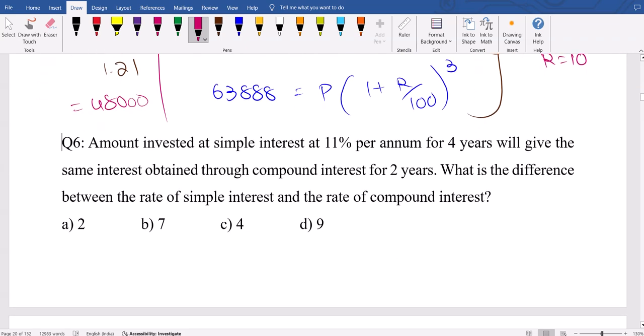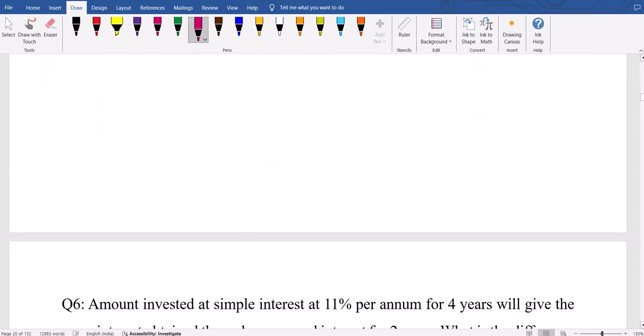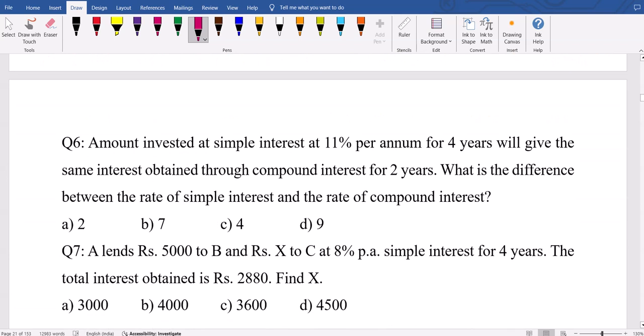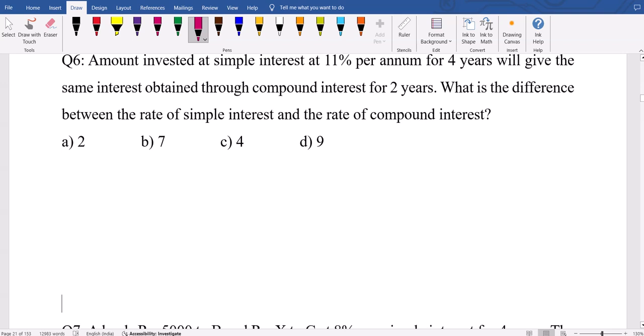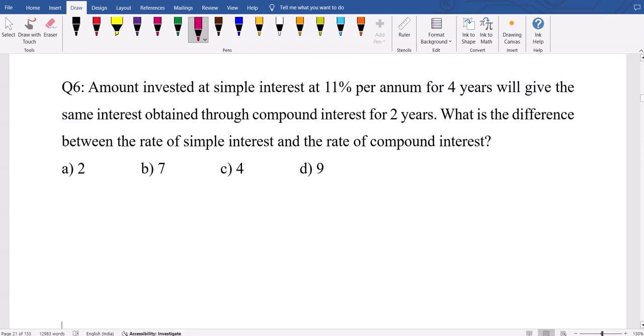Now see this, simple interest and compound interest, both combined. They gave simple interest at 11% per annum for 4 years, which gives the same interest as obtained through compound interest for 2 years. What is the difference between rate of simple interest and rate of compound interest? See, principal is the same for both cases.